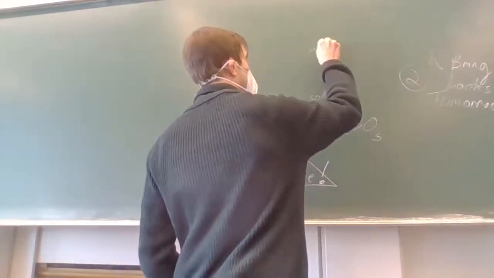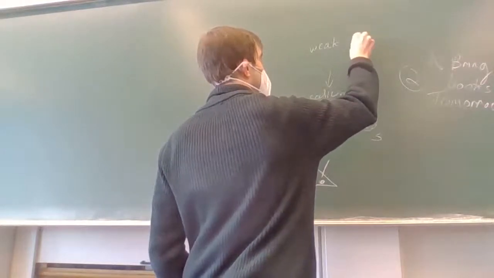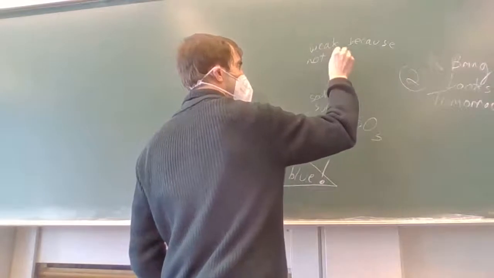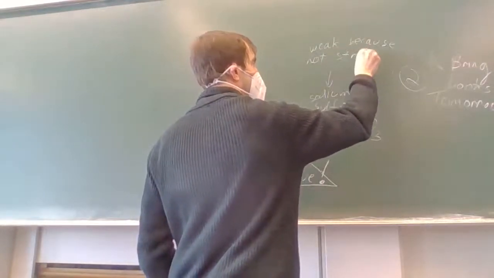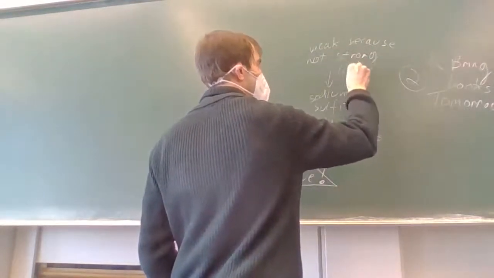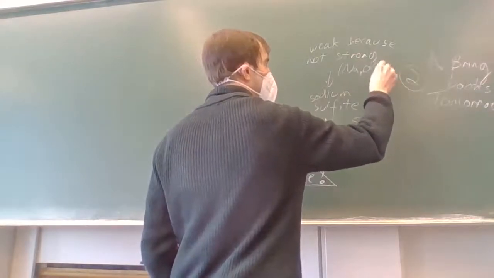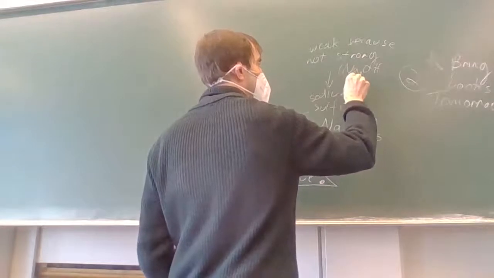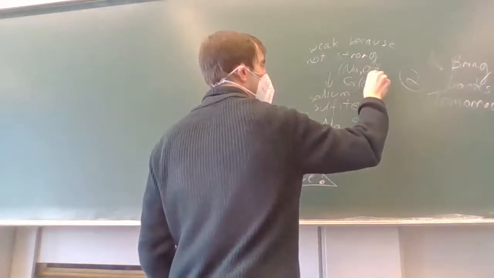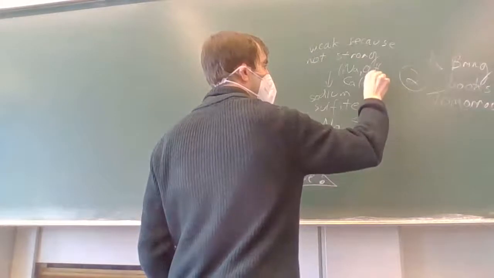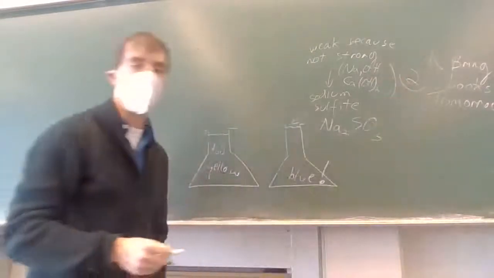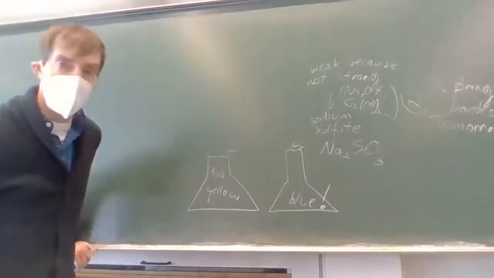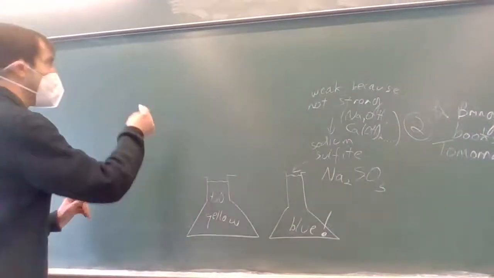So weak because it's not the strong ones like OH, NaOH, Ca(OH)2, and so on. Anyway, those are in the book, know them. So it's a weak one. So it's a weak base, and that's what we're working on today is weak base problems.